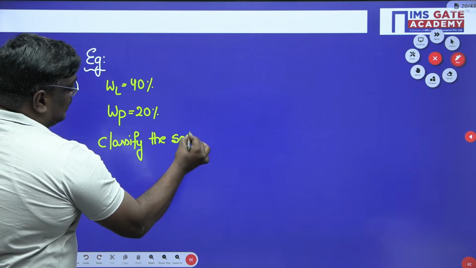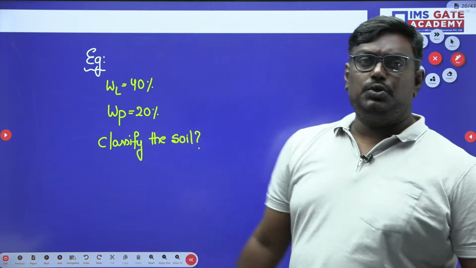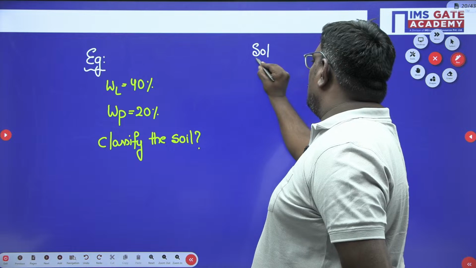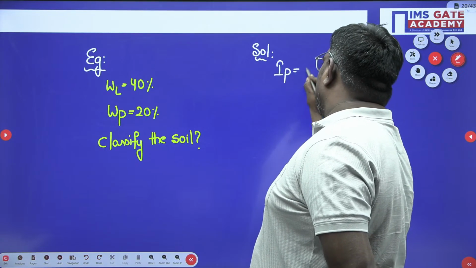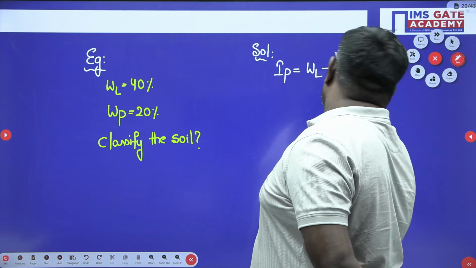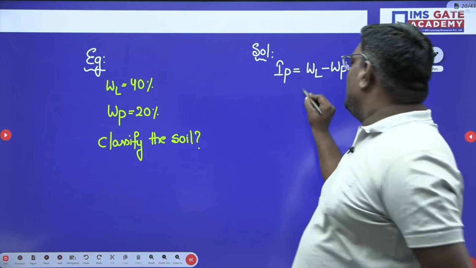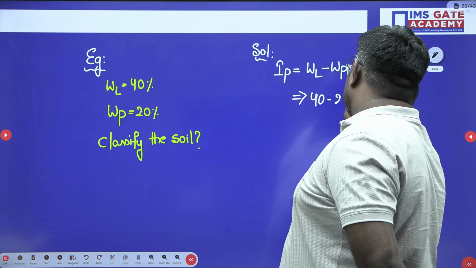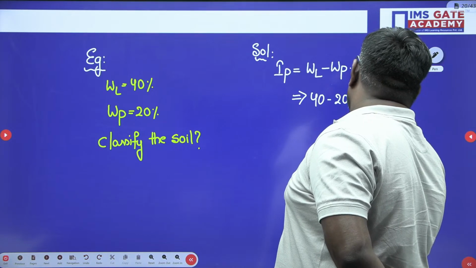Whenever they ask this, first you should find IP. The solution is very simple if you know the concept. IP is nothing but WL minus WP. So 40 minus 20, this value will be equal to 20 percent.